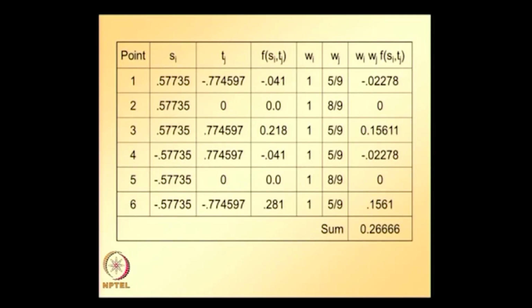Again, as in the previous cases, we sum up the values corresponding to all the 6 points, 1 to 6, appearing in the last column. If we sum up, we get the estimate of the integral, and so the 2 by 3 integration results in 0.26666, and the exact solution also is going to be the same.